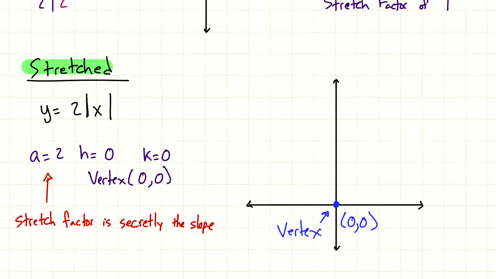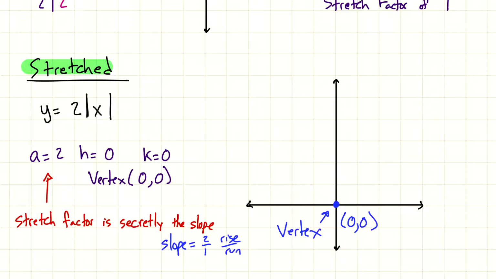So since we have straight lines, that means there's going to be a slope, and it just so happens to be related to our stretch factor. So the trick here is, since it's a stretch factor of 2, that really means our slope is 2 over 1. If you know anything about slope, this is really like our rise and our run.